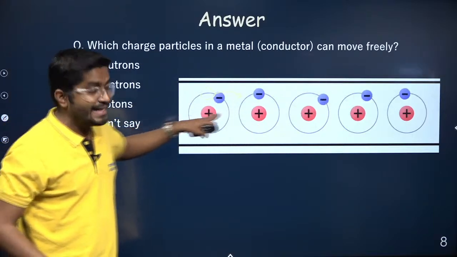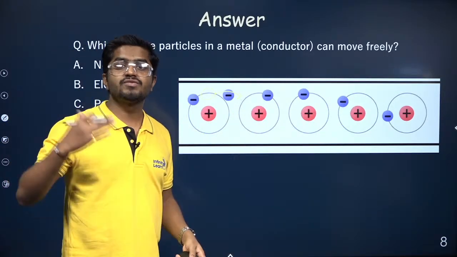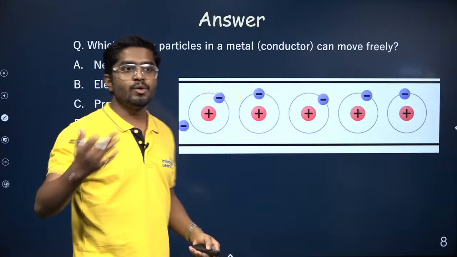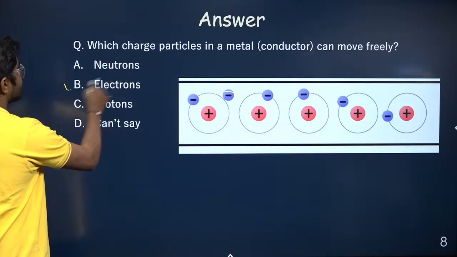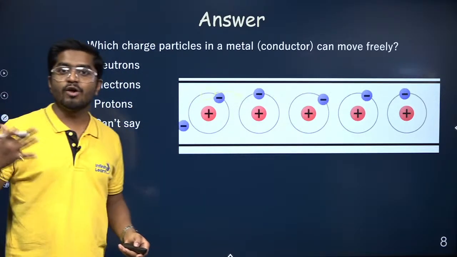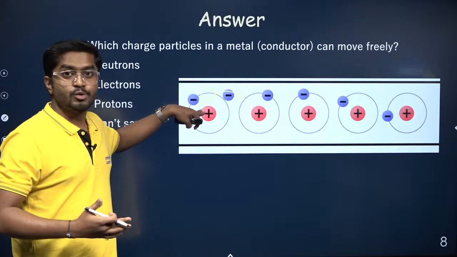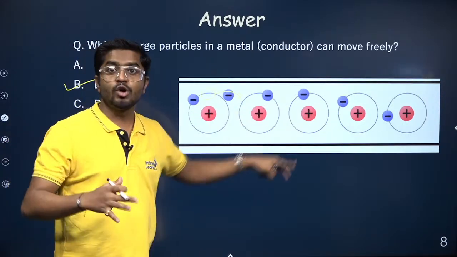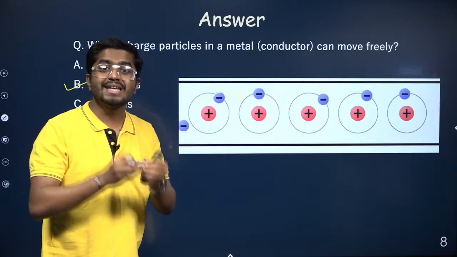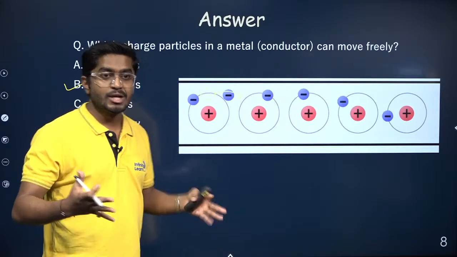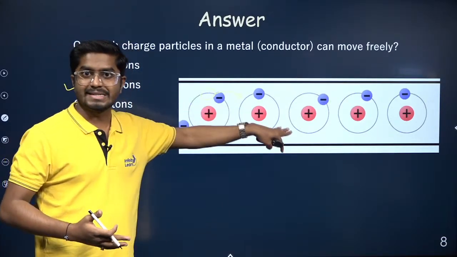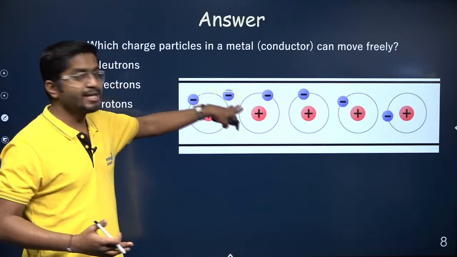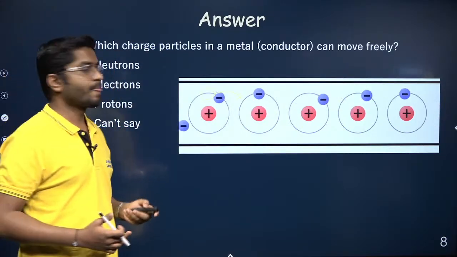When there is electric current, these electrons flow from one atom to another. The protons and neutrons are inside the nucleus, which does not move because it is very small and very heavy. It is very difficult to move the nucleus, but very easy to move the electrons.